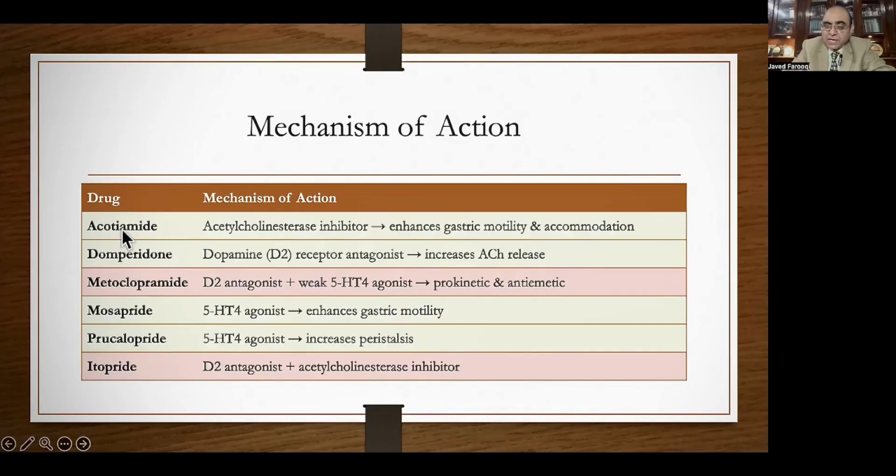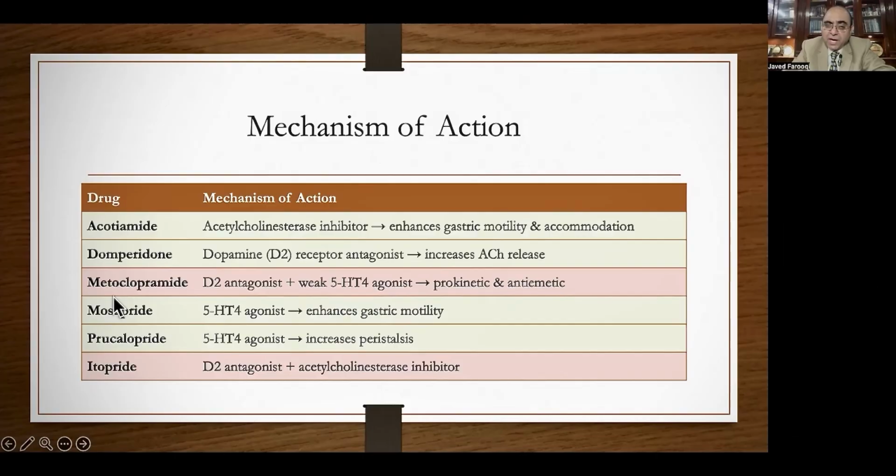Acotiamide acts through inhibiting the acetylcholinesterase enzyme, so its mechanism of action is acetylcholinesterase inhibition, and it enhances gastric motility and accommodation. The second prokinetic, domperidone, is a dopamine D2 receptor antagonist, and it increases acetylcholine release.